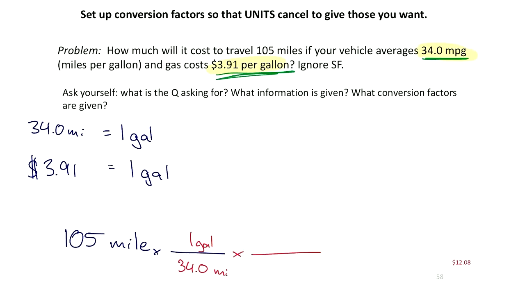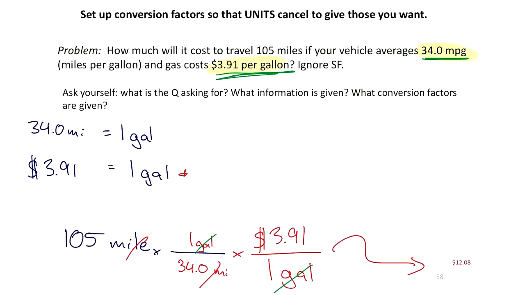Now I'm in the unit of gallons. So I'm going to use this second equality, but the money goes where this time? Top. Yeah, so that puts 1 gallon on the bottom, and then $3.91 up top. And we see gallons now cancel, and I'm left with money as my unit. All right, and so that gives me about $12 as my round trip commute to school from the farm.